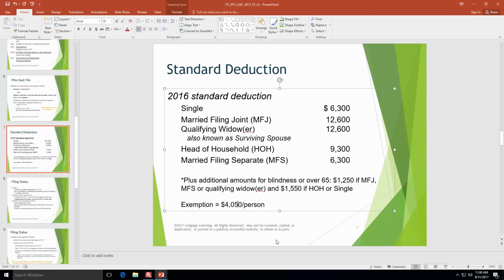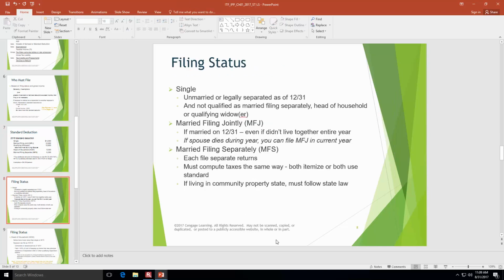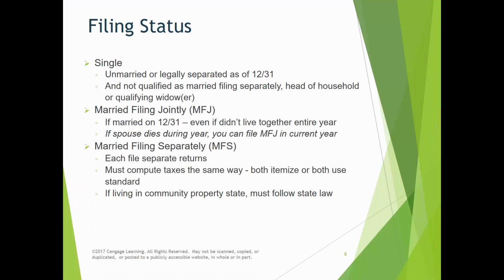Now, you're always going to use your standard deduction unless what? Unless you itemize. Filing status: your status is whatever you are on 12/31.